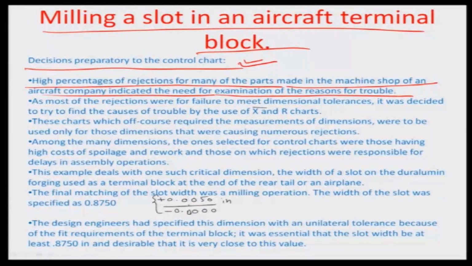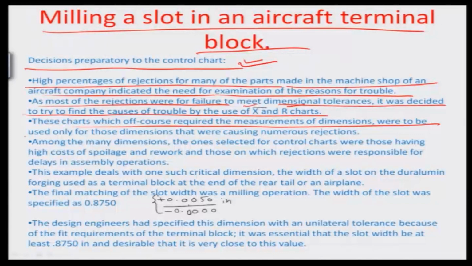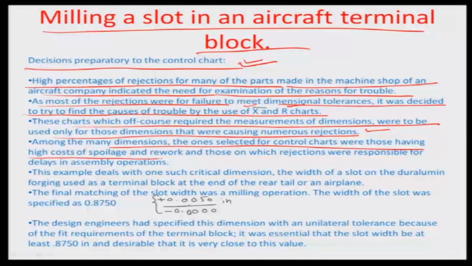And as most of the rejections were for failure to meet dimensional tolerances, it was decided to try to find out the causes of trouble by use of the X bar and R charts. These charts, which of course required measurements of dimensions, were to be used only for those dimensions causing numerous rejections. Particularly, the milling slot width was taken as the dimension in this case. Among the many dimensions, the ones selected for the control charts were those having high cost of spoilage and rework.